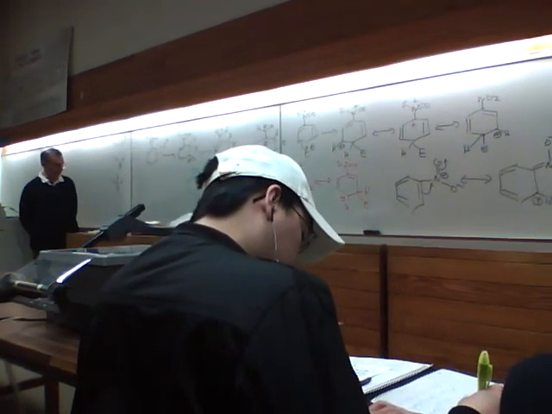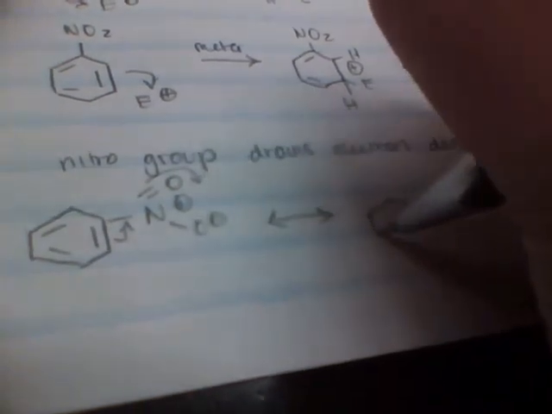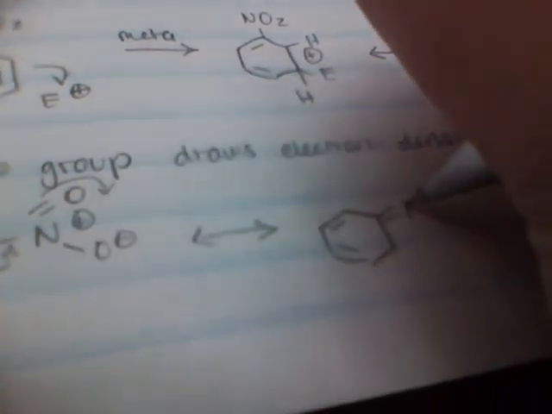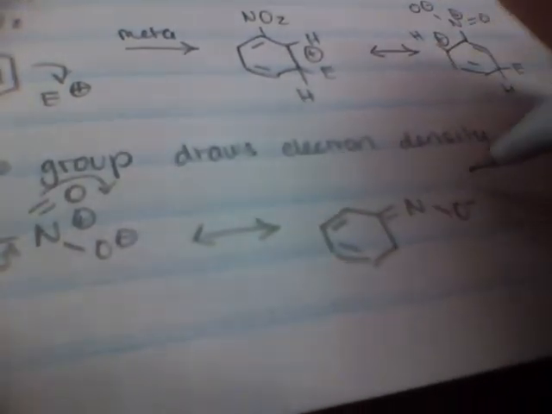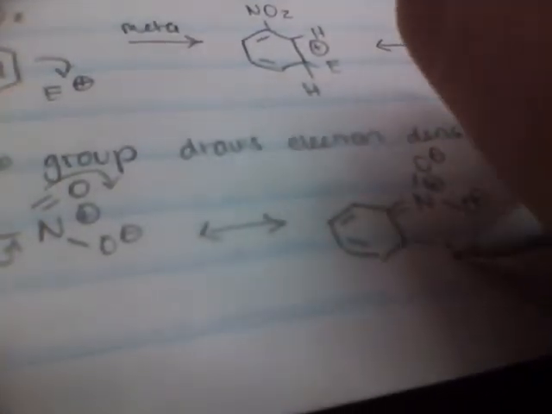But if I examine the species that are formed for meta attack and for ortho attack and for para attack, I find that in the ortho and para cases, there's something especially unfavorable: you get a nitrogen atom bearing a positive charge next to a carbon bearing a positive charge. Whereas for meta attack, you don't get that.